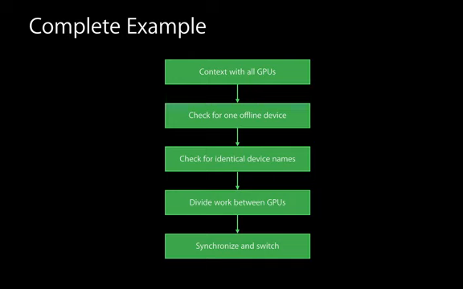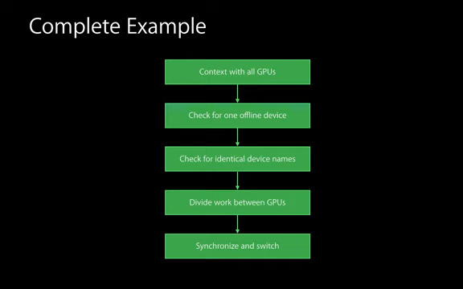Then check to see if you have two identical devices, in this case I'm looking for device names. And if I fail any of these checks, it might mean that I'm in one of those other situations. I might have a laptop that has an integrated and discrete GPU that are different devices, or maybe I have a Tower Mac Pro and I have two displays connected to two different GPUs.